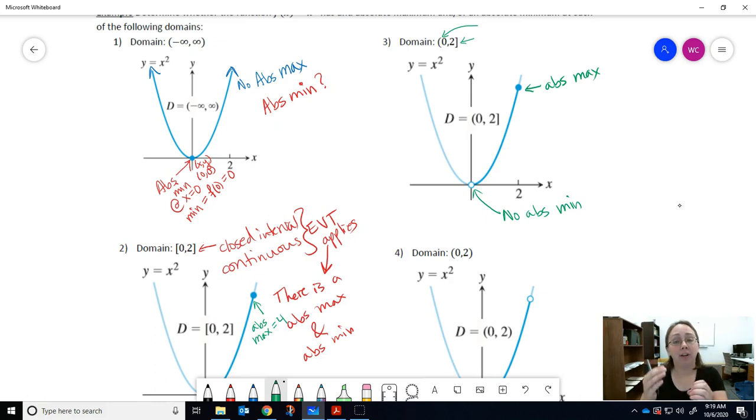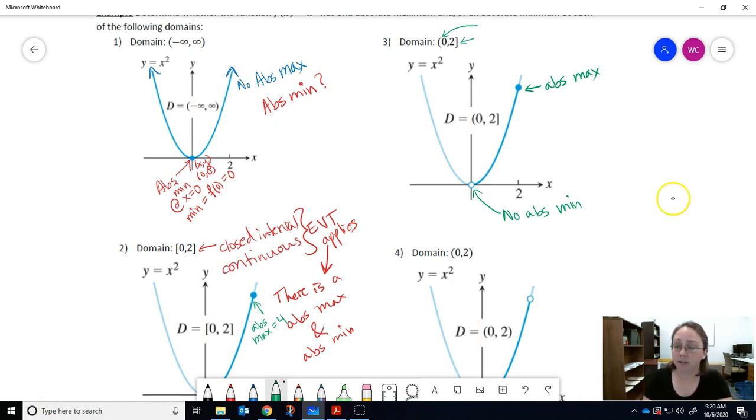Meaning, no matter how close you get to that open circle, there will always be a closer value, which means a smaller function value, implying that you still have not achieved your minimum value possible. You can always go smaller. If you can't achieve the absolute minimum value, can't find the smallest possible, then there is no absolute min.